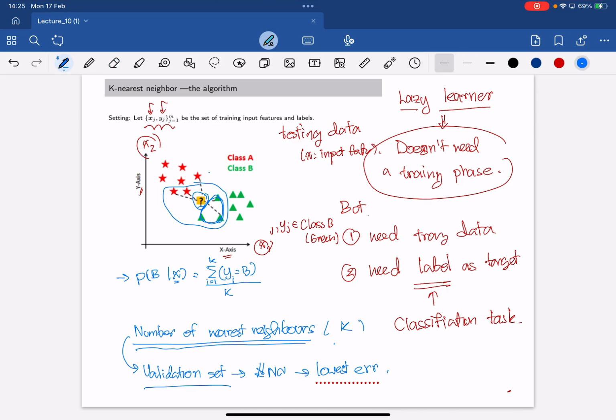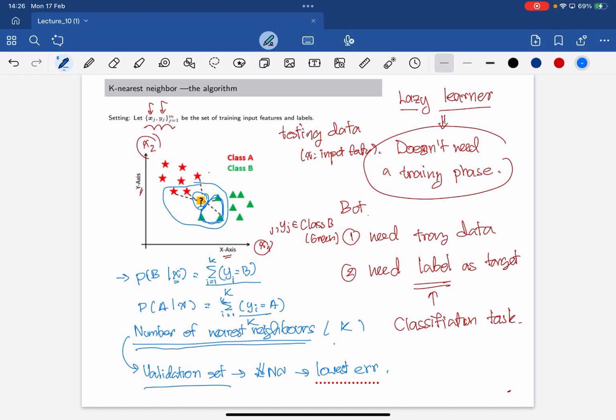Or if you want to calculate the probability of being in class A, you may want to do something similar.